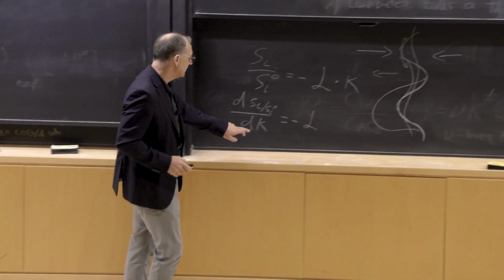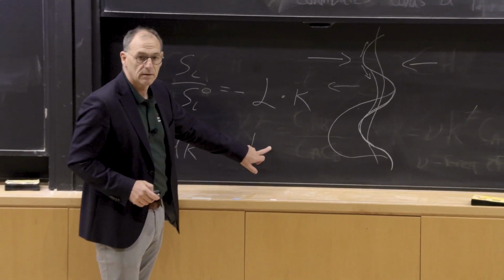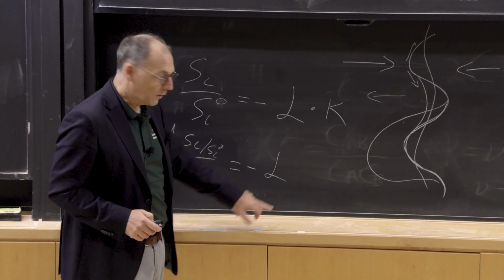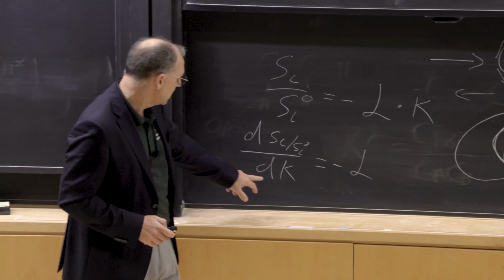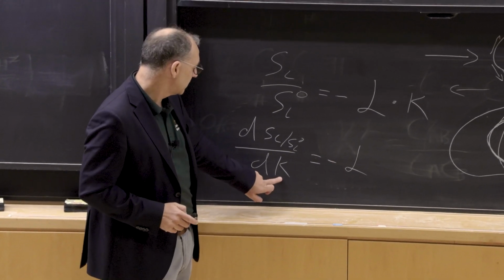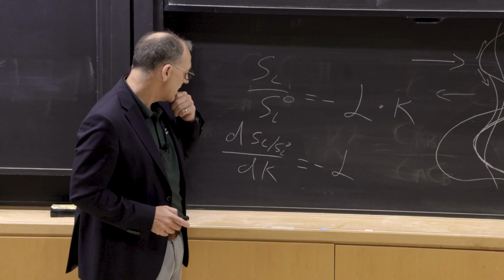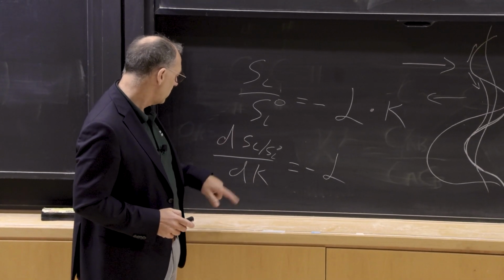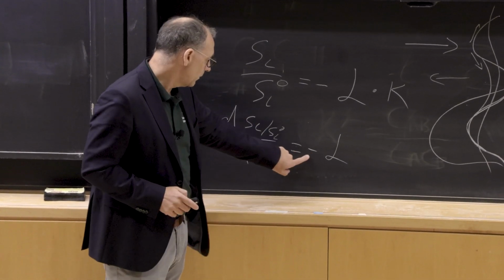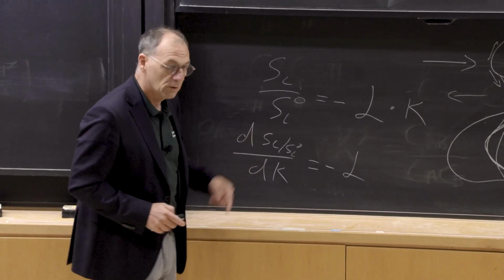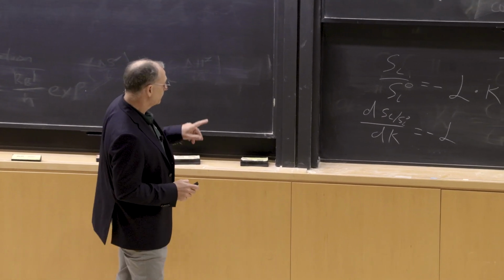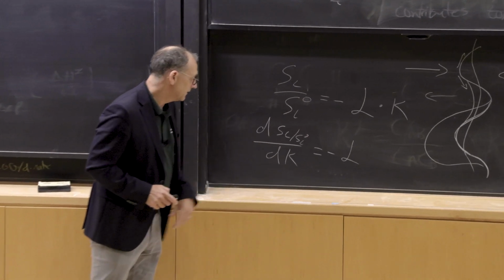What's interesting is that this Markstein length can be positive or it can be negative. If it's positive, then positive curvature makes the flame burn slower, because of the minus, and vice versa. Negative curvature makes it burn faster.